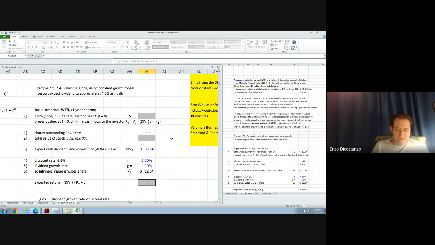And the expected return, again, we're just playing games with the numbers: dividends divided by the price, plus G. There's your 6.6%.